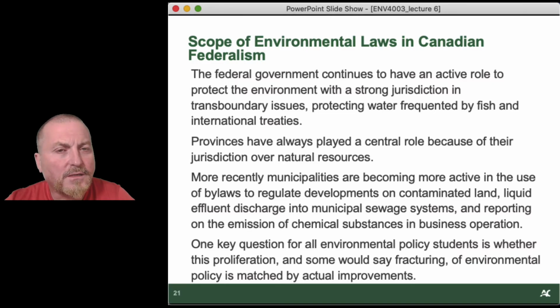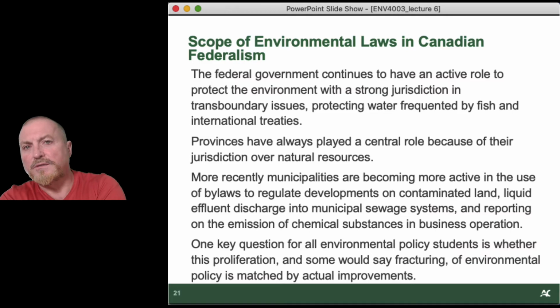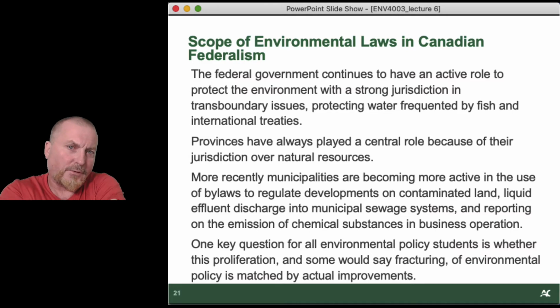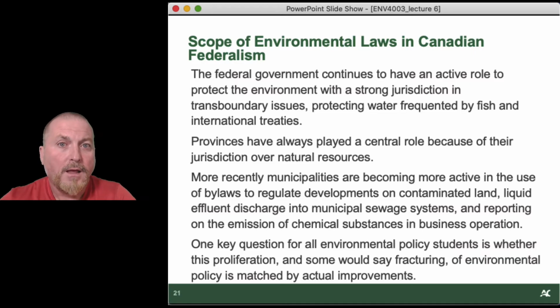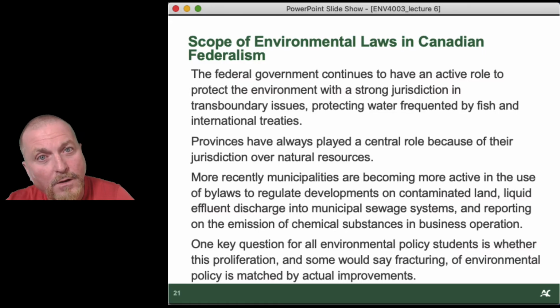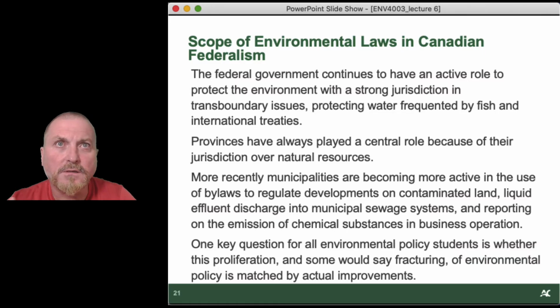So one of the key questions for environmental policy students is whether this proliferation is good for environmental policy or bad. There's a debate out there that competitive federalism is in fact good for environmental policy. So I don't want to turn it towards, oh, this is so difficult, it's so bad, it's so hard to navigate all this. Yeah, it's difficult to navigate all this because environment-economy integration is a very complex and multifaceted issue.